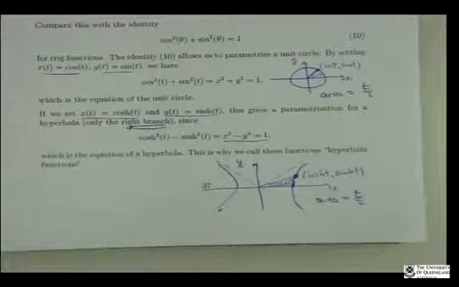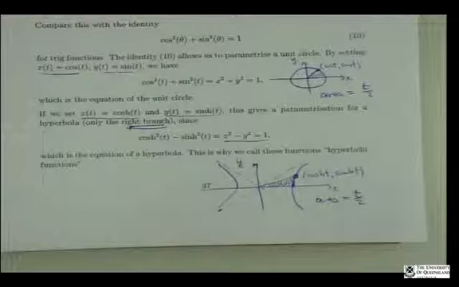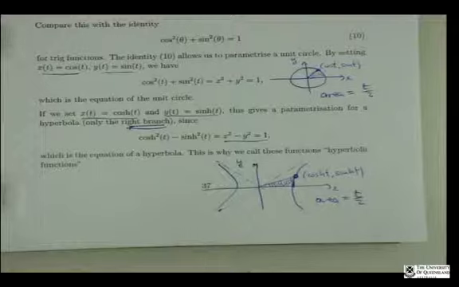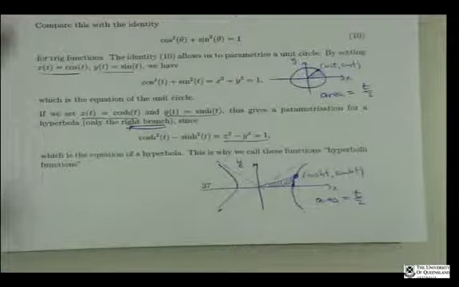So there are these parallels between these hyperbolic functions and the trig functions, so we use that language. We can't call them cos or sine, but we call them something similar. We use symbols which are similar for these functions. So we call them hyperbolic cos or hyperbolic sine, or just cosh and sinh.